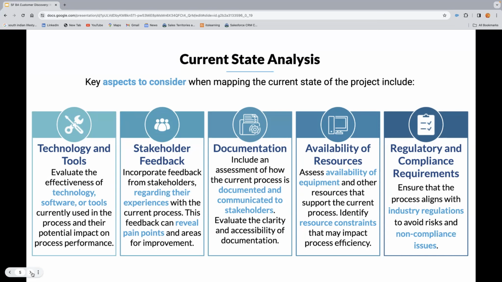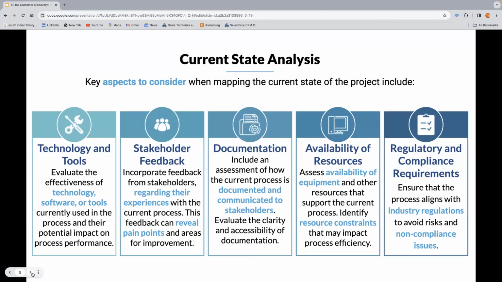This feedback can reveal pain points and areas for improvement. Documentation includes an assessment of how the current process is documented and communicated to the stakeholders. Evaluate the clarity and accessibility of documentation.